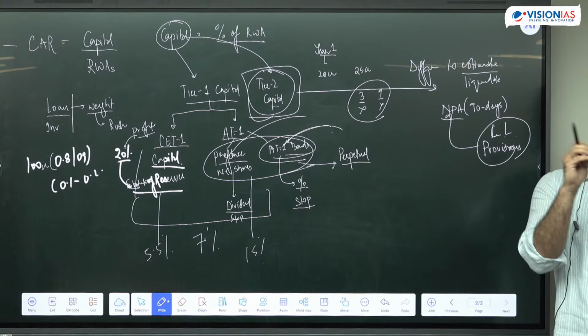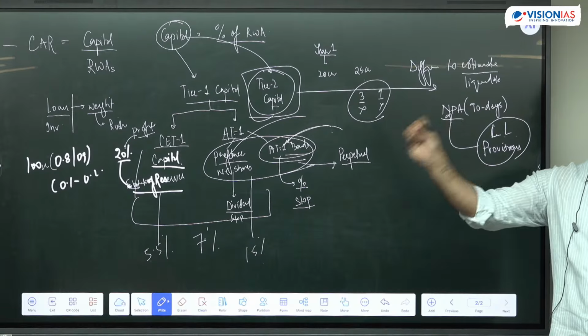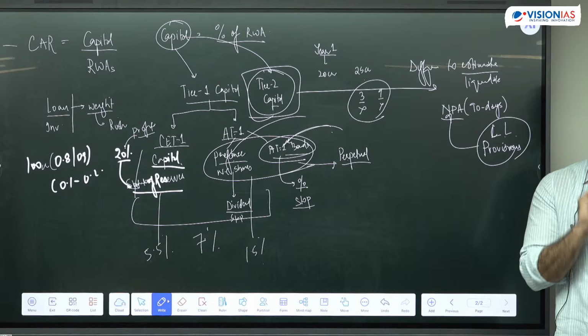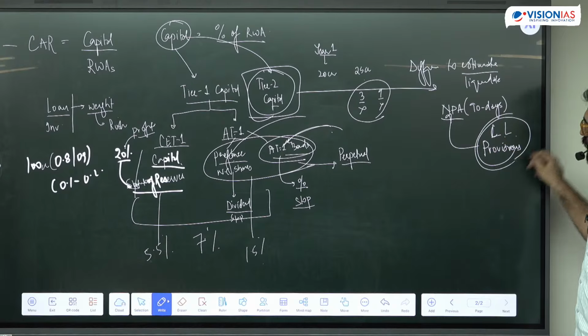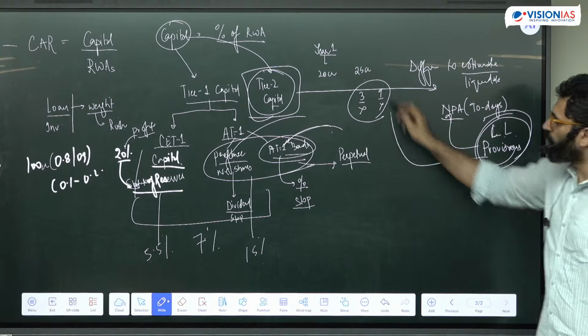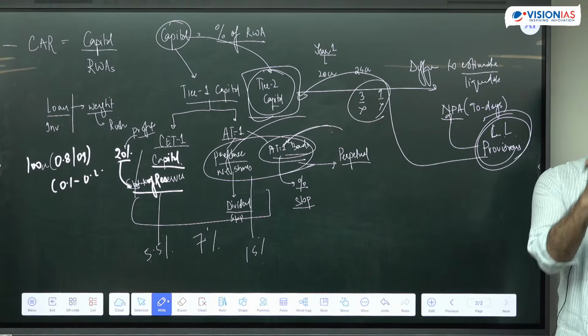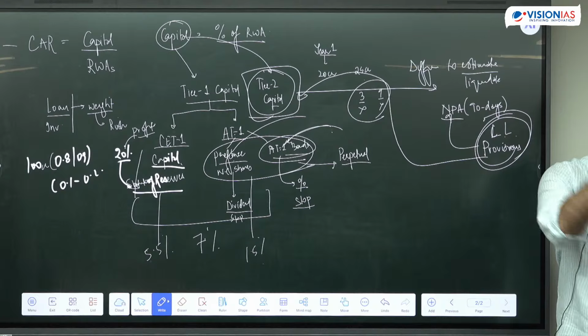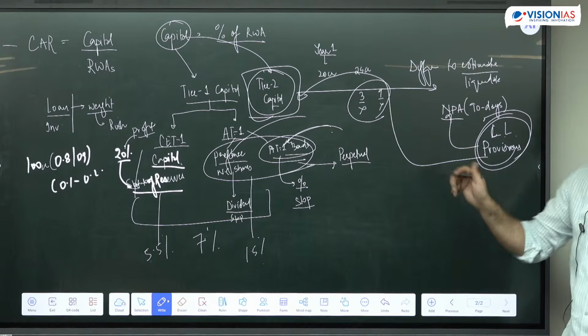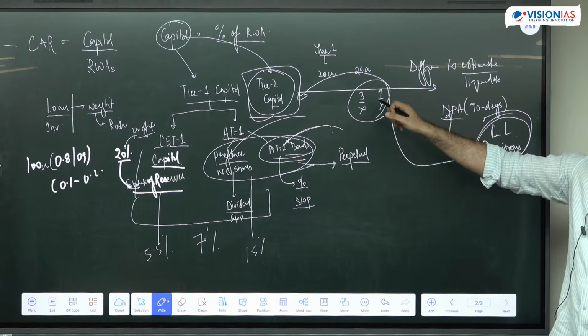There are some ratios also given 15%, 25%, 40%, 100%. Time के साथ रखने होते हैं as per the RBI. All of these loan loss provisions are part of tier 2 capital. The bank has kept money aside to cover for the loss arising from NPA. This is what is called as loan loss provisions.